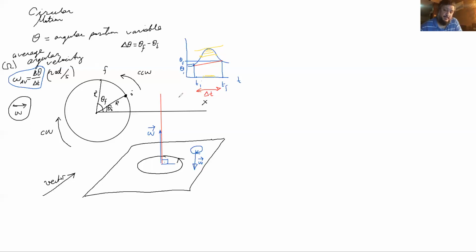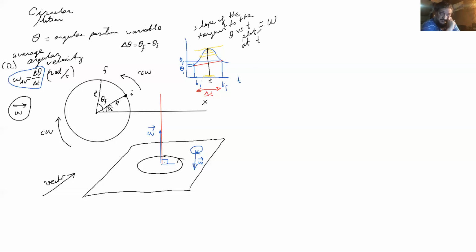So the slope of the tangent to the theta versus t plot at some time t, which is this t, gives you the instantaneous omega.